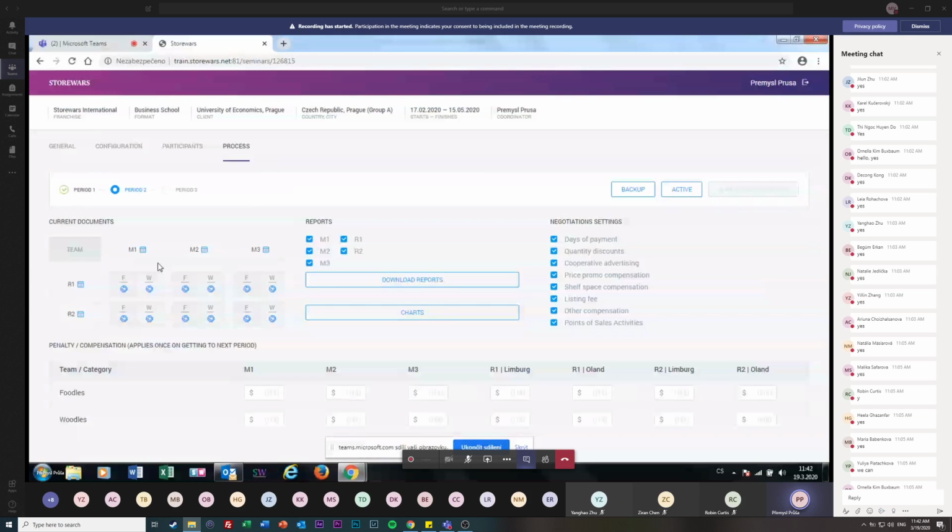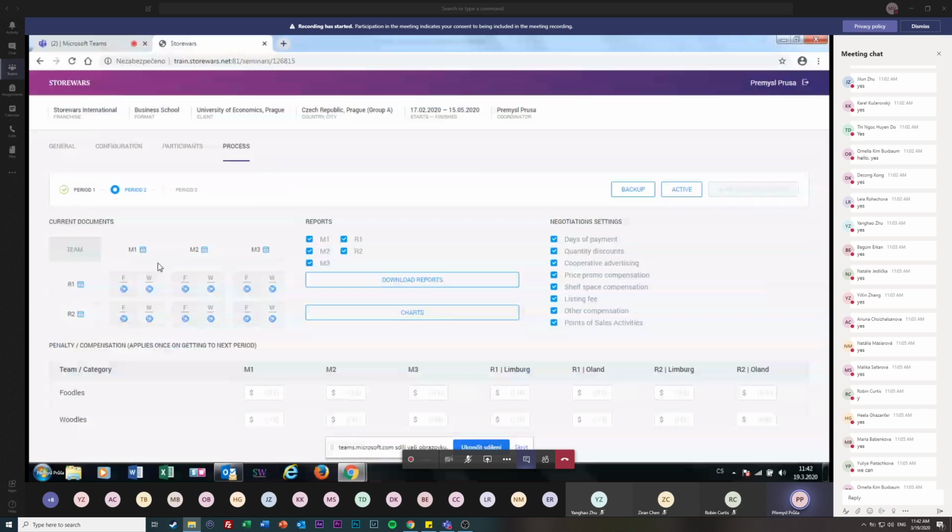Yeah, so again, decision number 2, so you already know that. Based on the negotiation, you make the decision for the production quantity, prices, advertising, communication, composition of the products. That's the same as for period 1, basically.